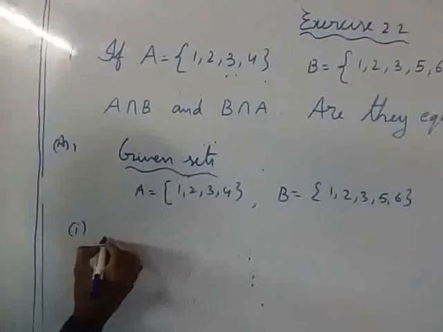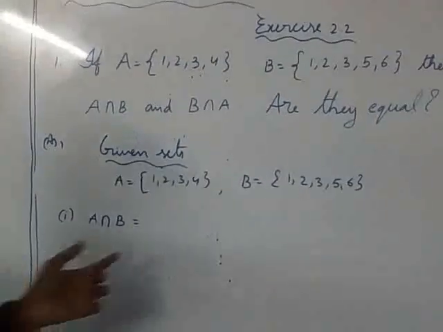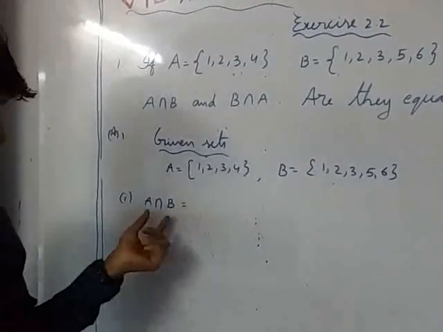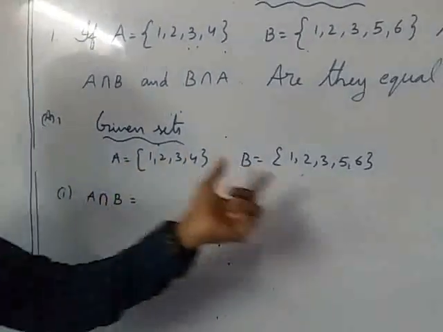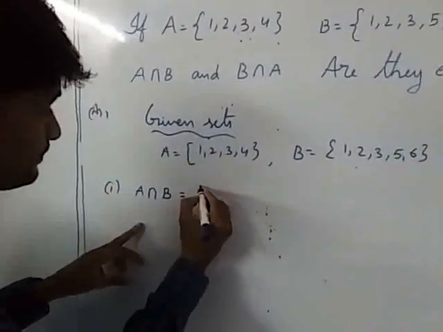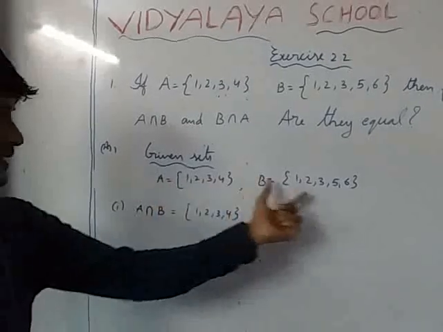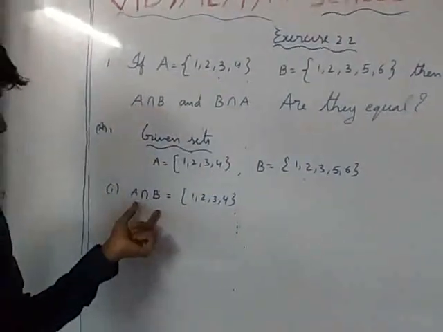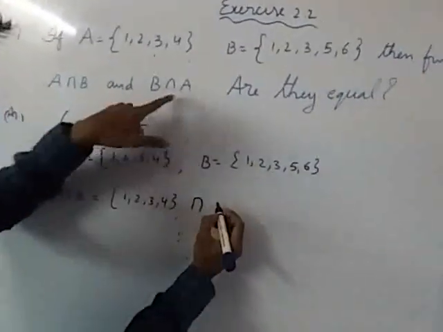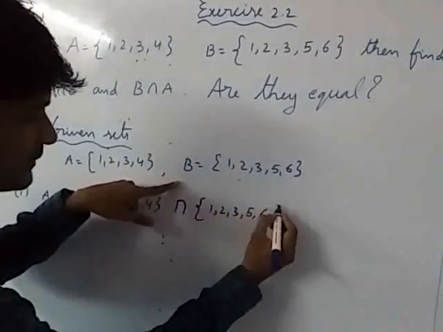So first one, A intersection B. We already discussed in the previous class: A intersection B means the common elements in set A and set B. Given sets A and B, first we have to find A intersection B. A is 1, 2, 3, 4 and B is 1, 2, 3, 5, 6.